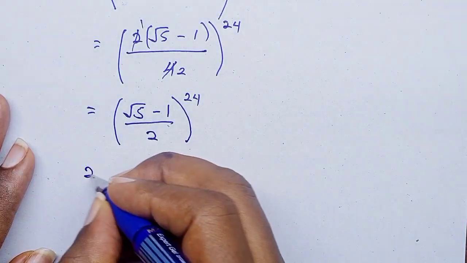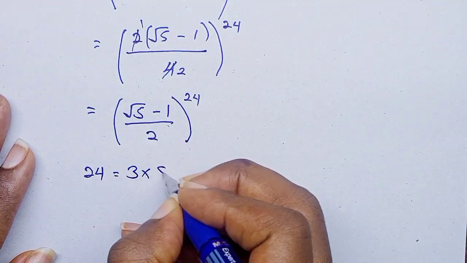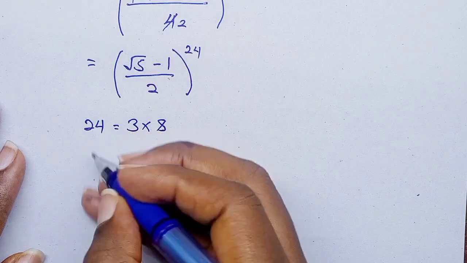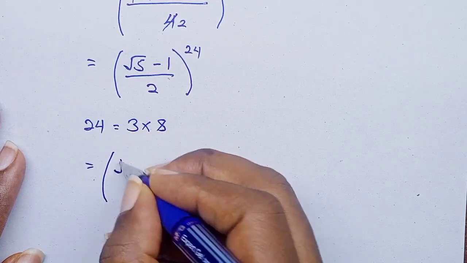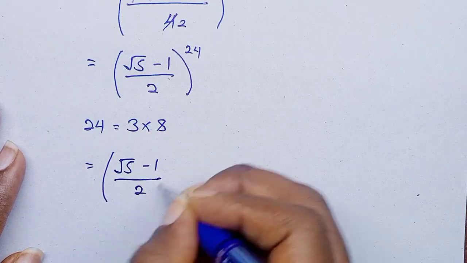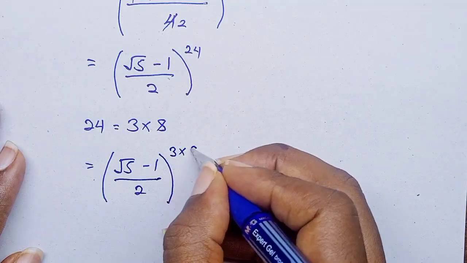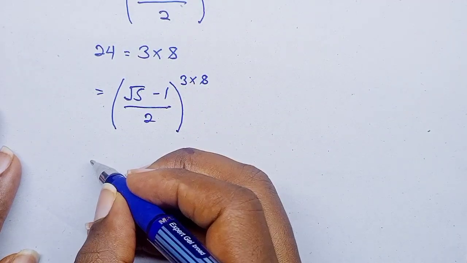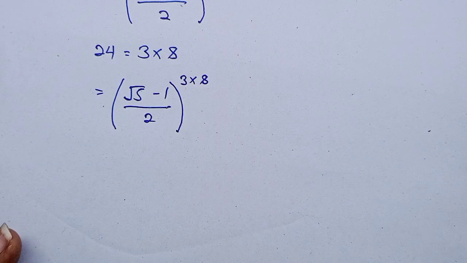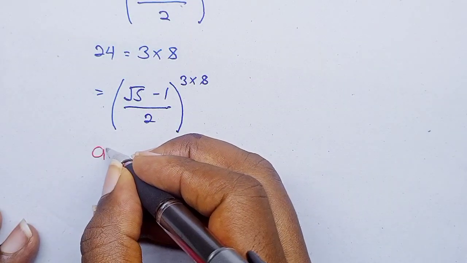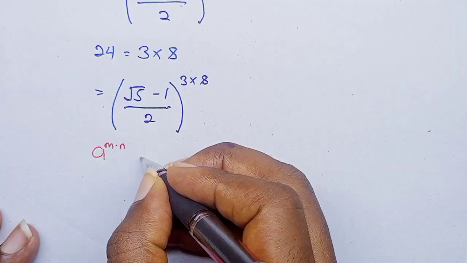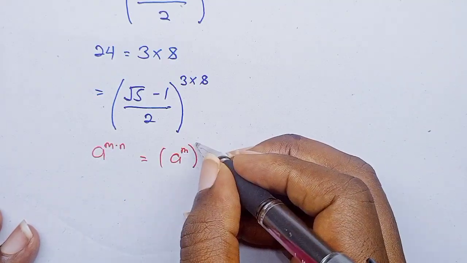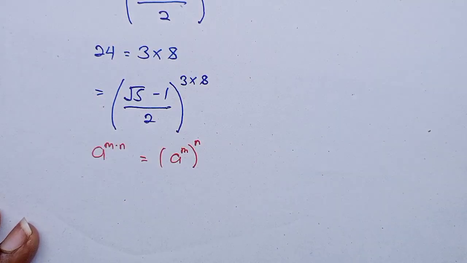But we know that 24 is equals to 3 times 8. So we're going to replace 24 with 3 times 8. So this will be equals to root of 5 minus 1 over 2 to power 3 times 8, which will be equals to, but remember, if you have a to power m times n, this is the same as a to power m in brackets to power n.